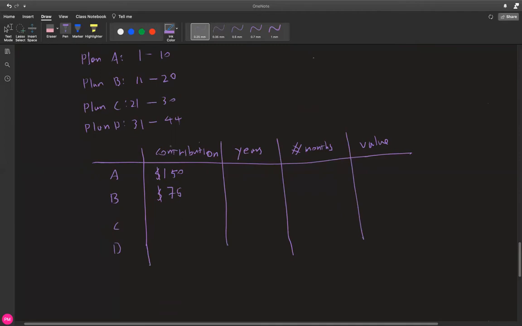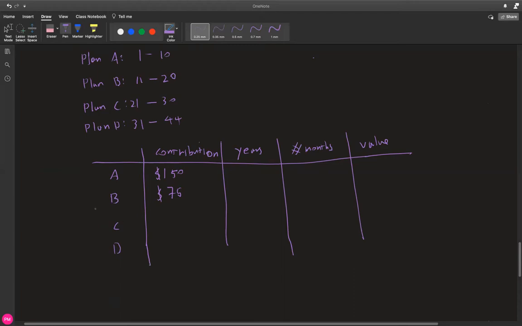This is because what I want to calculate is how much plan A yields if I were to pay $150 a month all the way up to 44 years, and plan B kicks in after 10 years.